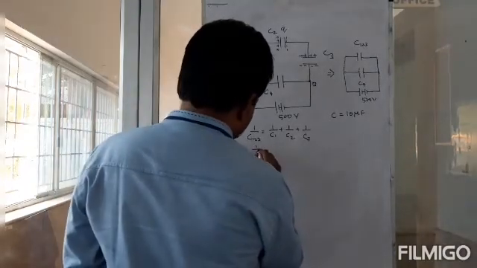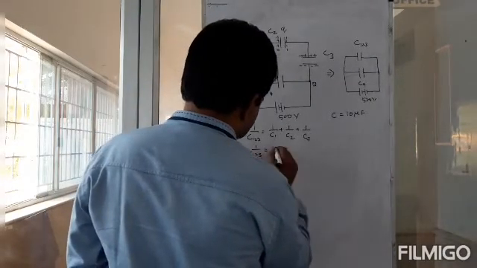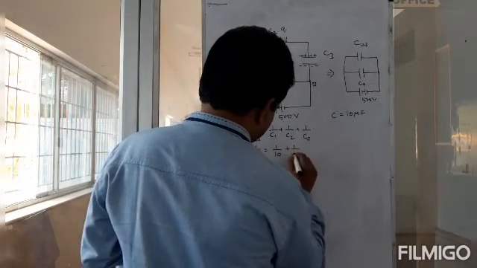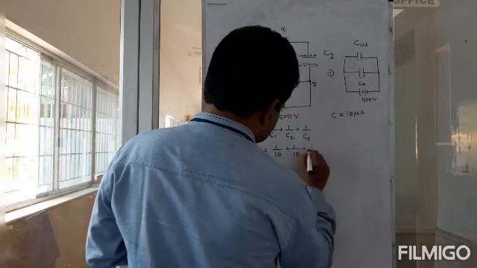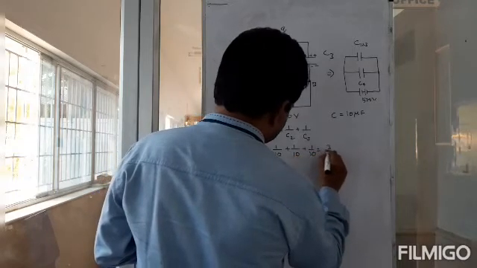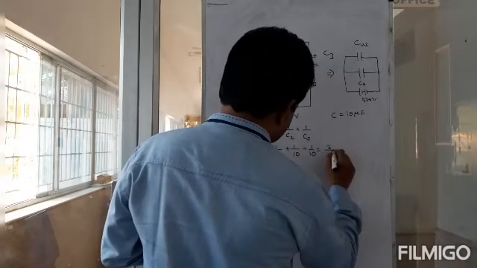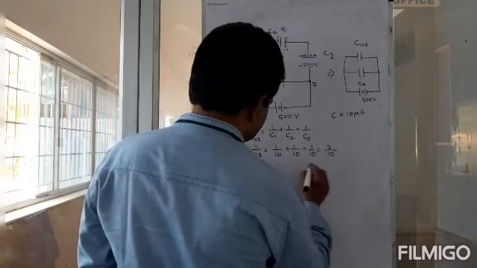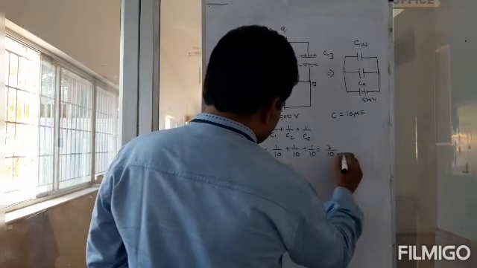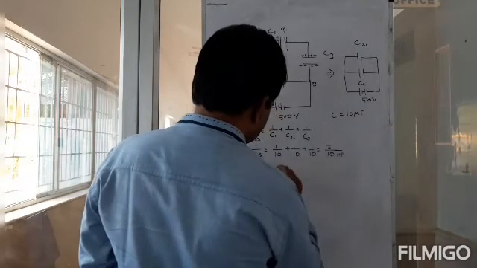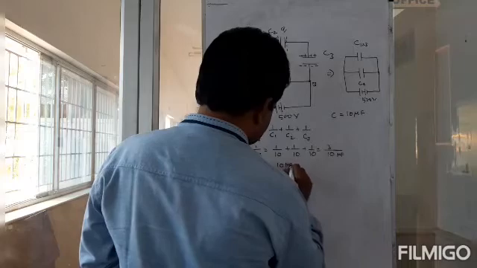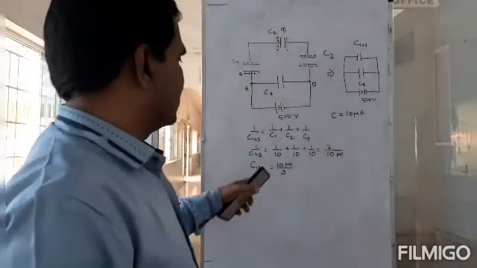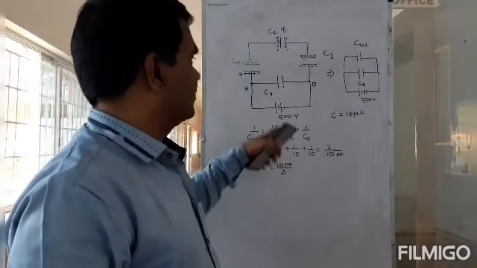So 1 by C123 is equal to 1 by 10 microfarad plus 1 by 10 microfarad plus 1 by 10 microfarad, which is 3 by 10 microfarad. So C123 is going to be equal to 10 microfarad by 3. Okay, so that is the effective capacitance.